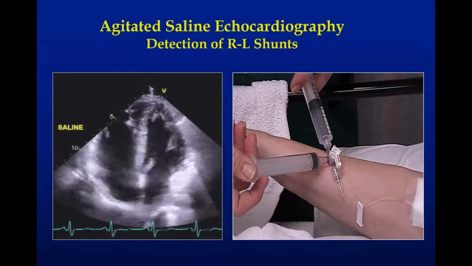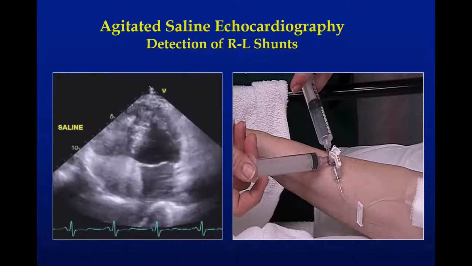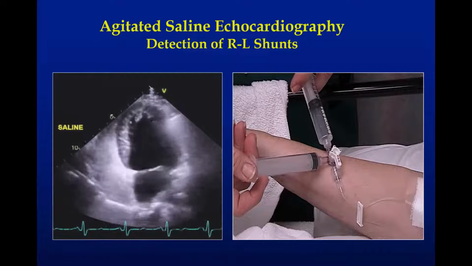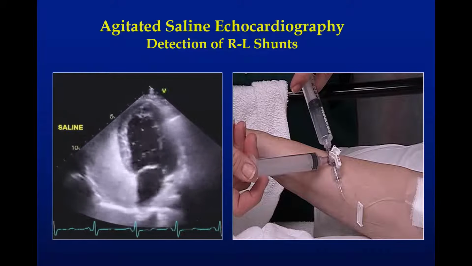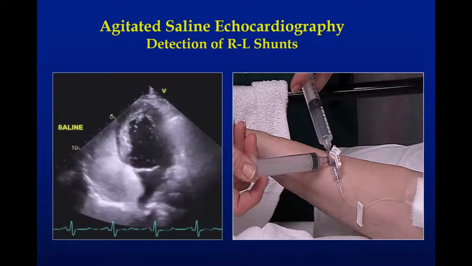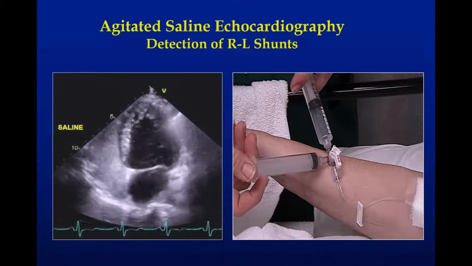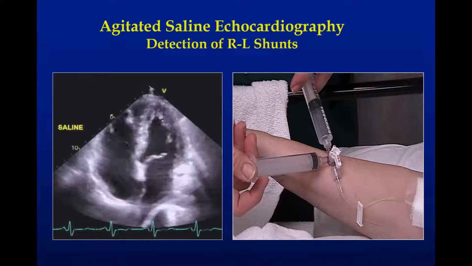One, I think we cannot discount the use of agitated saline in echocardiography for detecting shunts. And I want to spend a little time here just to reflect on it a bit, the differentiation between patent foramen ovale or atrial septal defects versus pulmonary AV shunting.